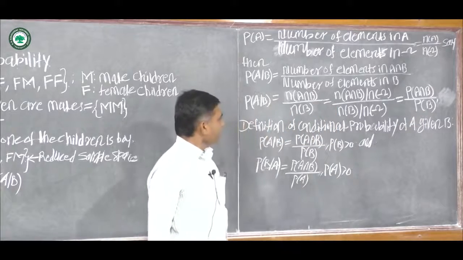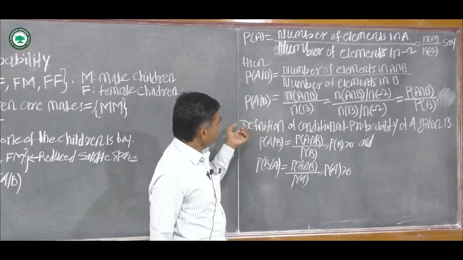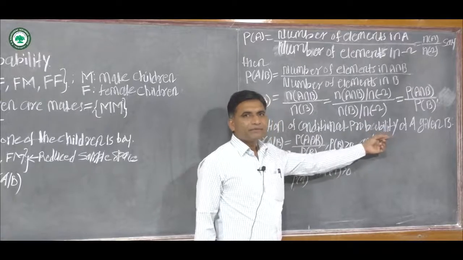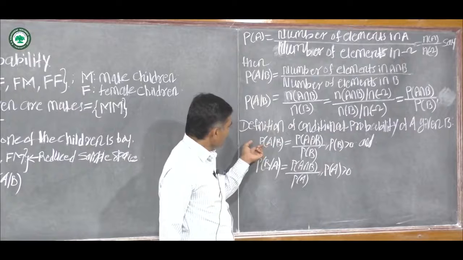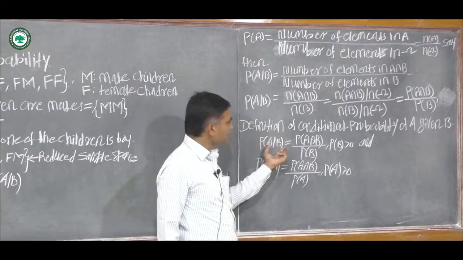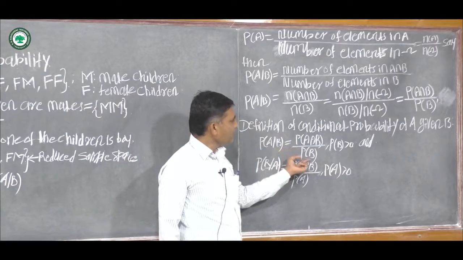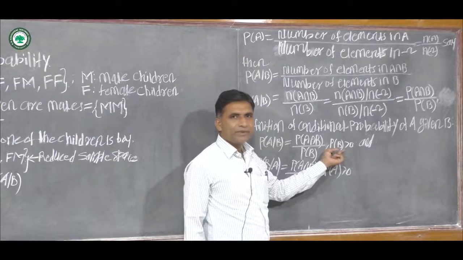Now we define conditional probability. The first definition is the conditional probability of A given B. The conditional probability of A given B is denoted by P of A given B, and is equal to the probability of A intersection B divided by the probability of B. Here the probability of B is greater than 0.